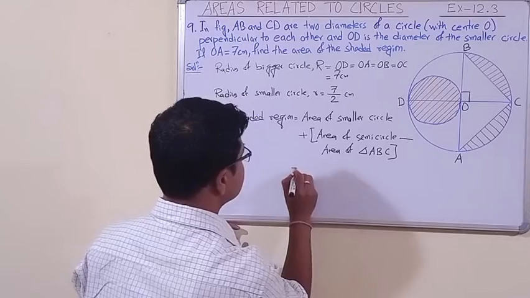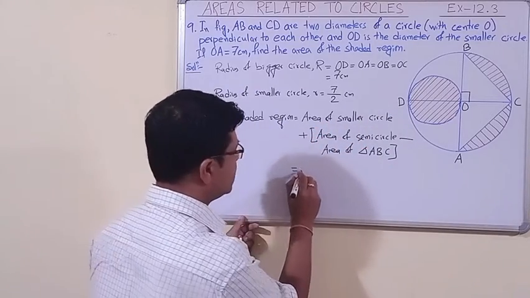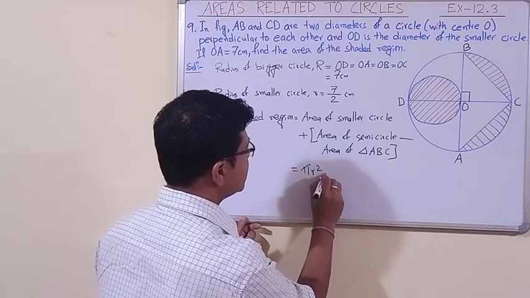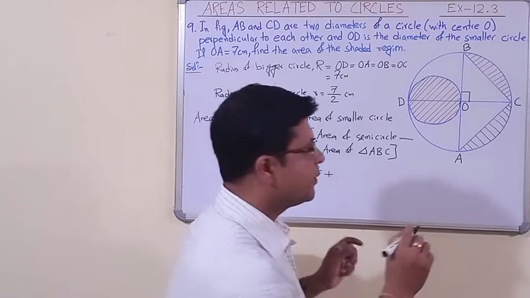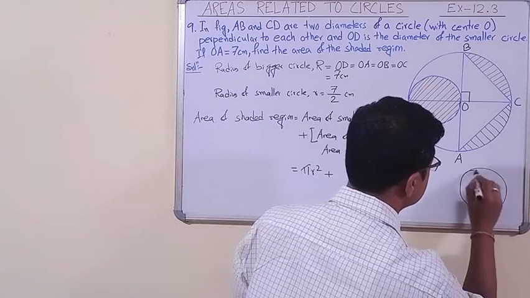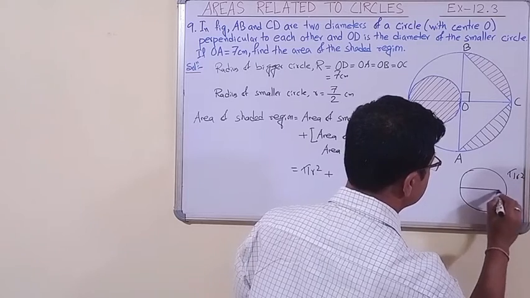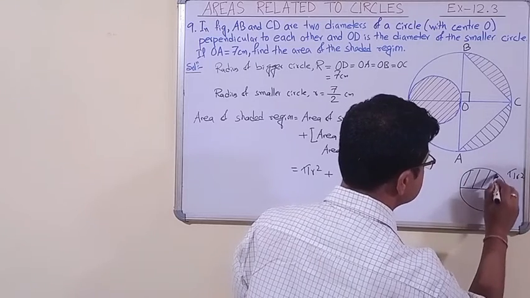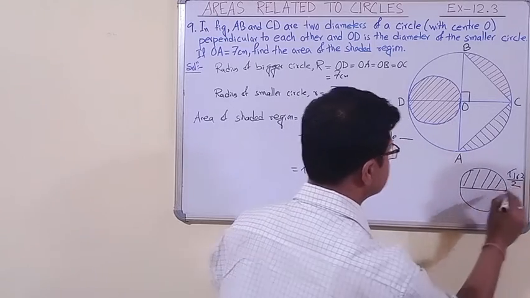Alright, so let us substitute the values. Area of this smaller circle, let us put the expression pi r square, plus the area of the semicircle. We know that the area of a circle is pi r square. Now if we draw the diameter, this is a semicircle, half of the total area, so its area will be pi r square by 2.